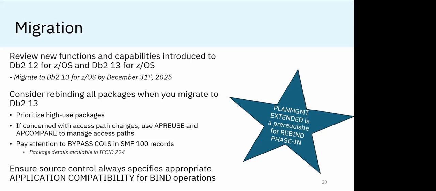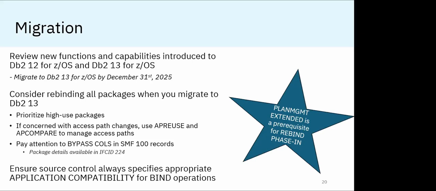And this was found looking at the IFKID 224 records with package details related to that. So bypass calls is often something that people skip over or don't pay attention to, but we look at it in our analysis for these health checks.